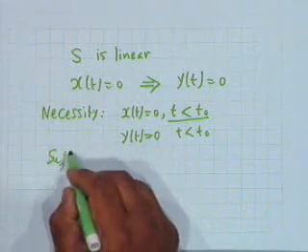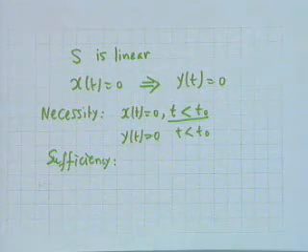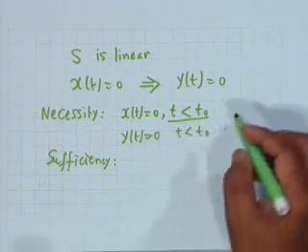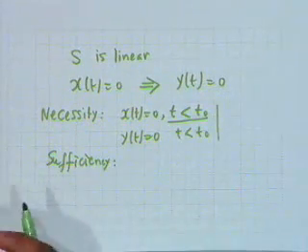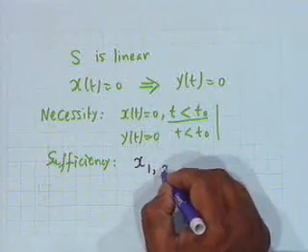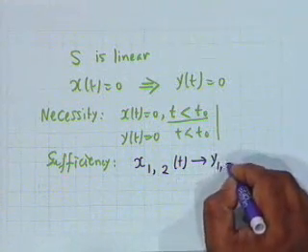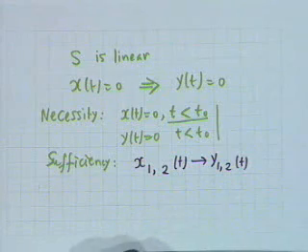Now, let's consider sufficiency. Is this a sufficient condition? In other words, we assume that this is true. Then we show that the system is causal. And that proof is constructed in a little different manner. What we do is, we say that x1 of t leads to y1 of t and x2 of t leads to y2 of t.